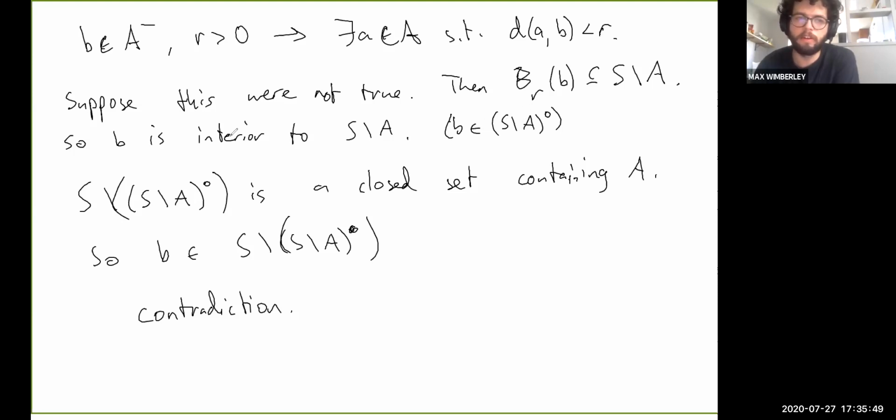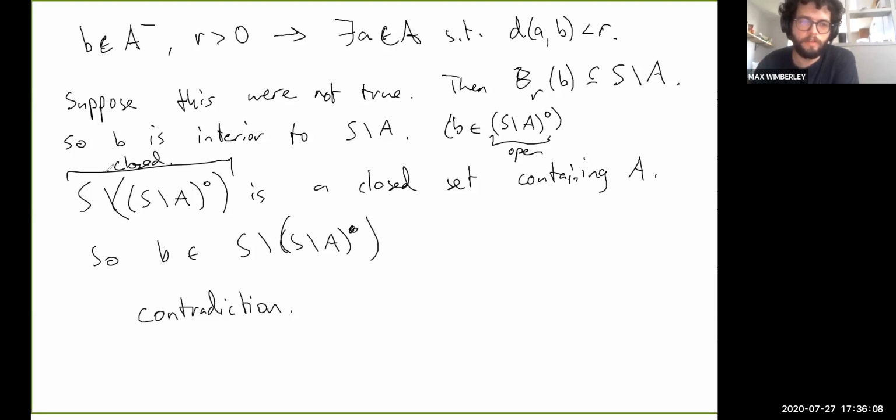Now the interior of any set is automatically open, right? So S minus A interior is open. So this is open, but that means that this is closed, right?